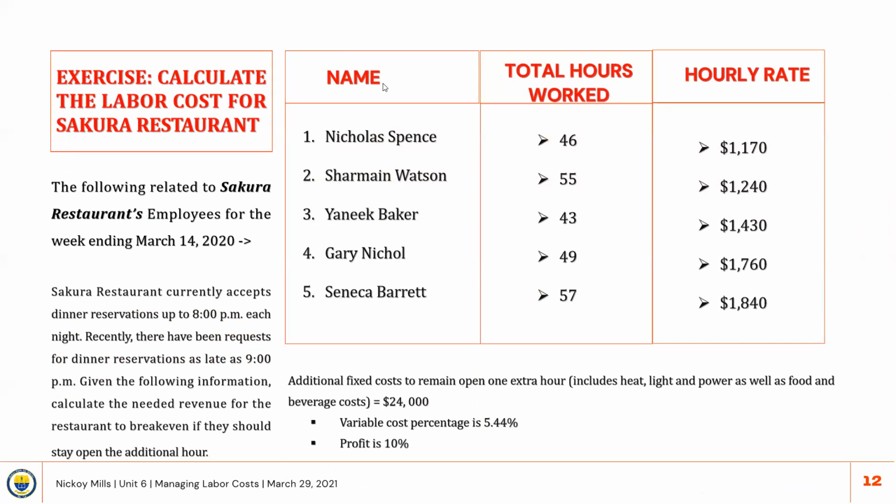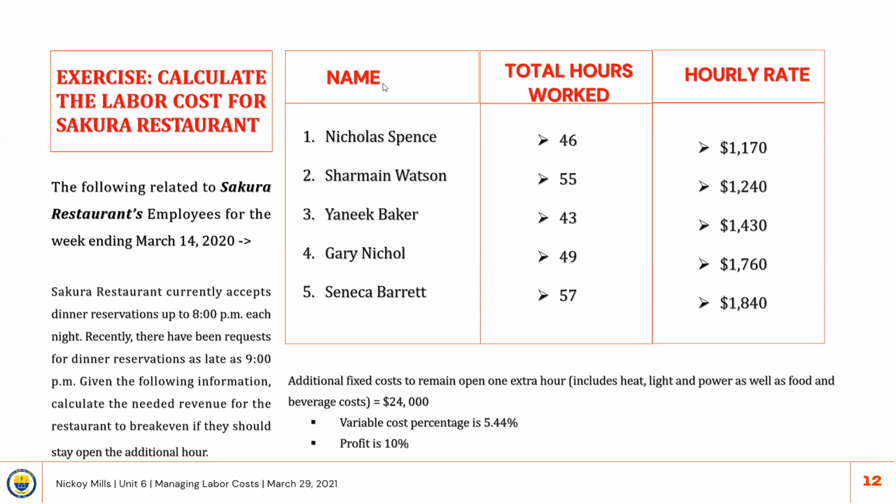So this is how the employees are paid. You have Nicholas, Charmaine, Yannick, Gary, and Seneca. Nicholas worked 46 hours at $1,170 per hour. Charmaine worked 55 hours at $1,240 per hour. Yannick worked 43 hours at $1,430 per hour.